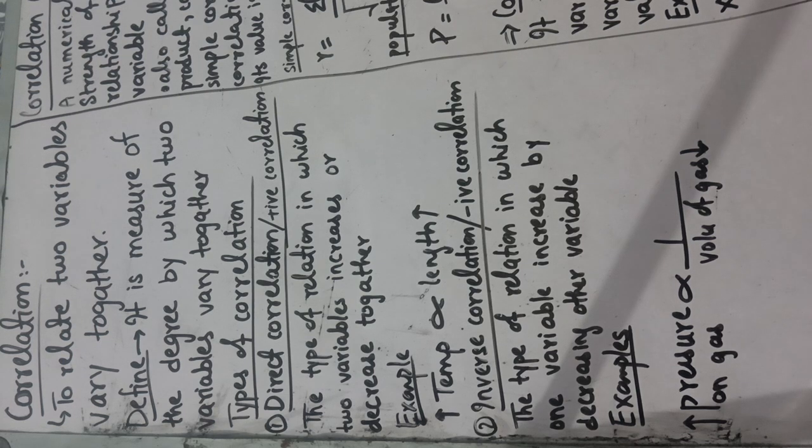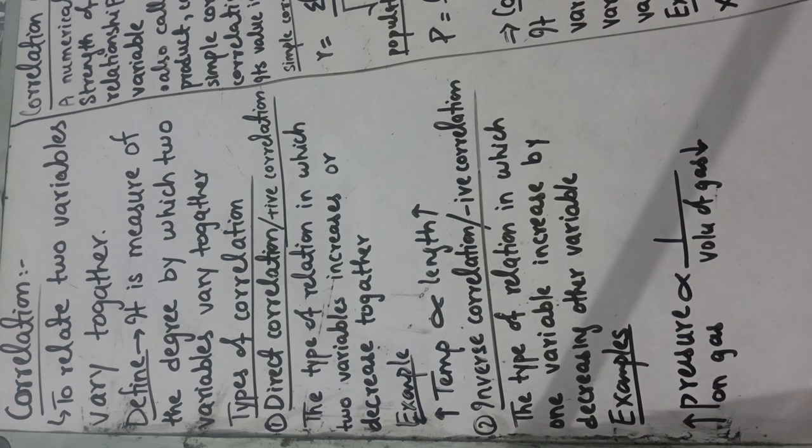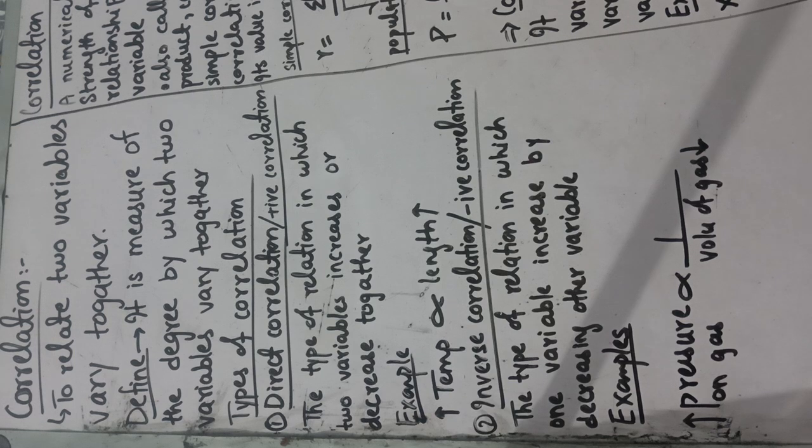Like I have given an example here, that as we increase the temperature, the length increases. What does this mean? If I give you the example of an iron bar, if you heat the iron bar or increase its temperature, the length of the iron bar will begin to increase. So that's why I say that they have a direct relation.